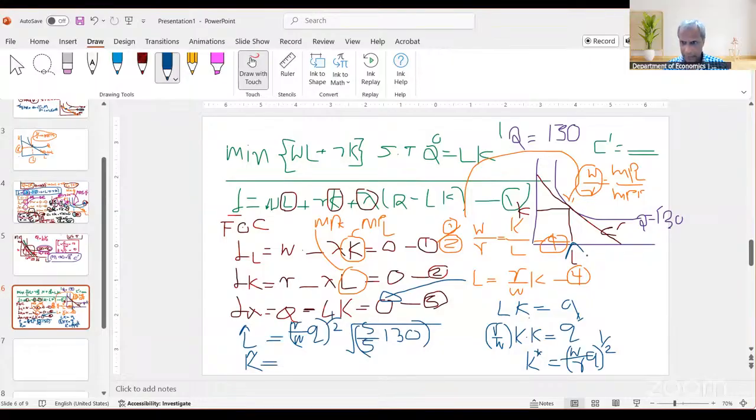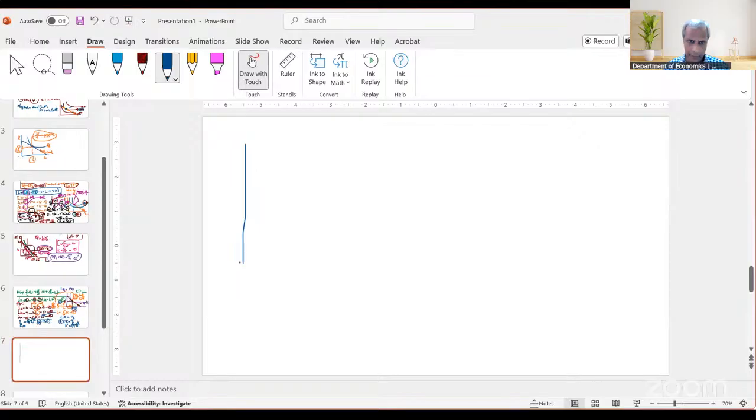Let's say the number of labor now needed is 11, roughly. Similarly, the number of capital you need is somewhere around 11.